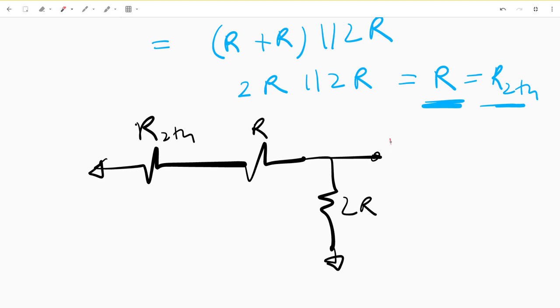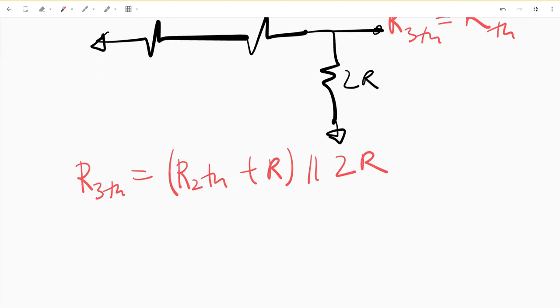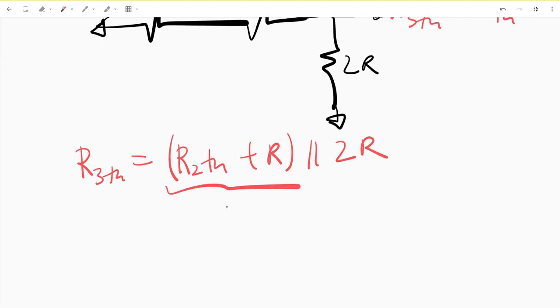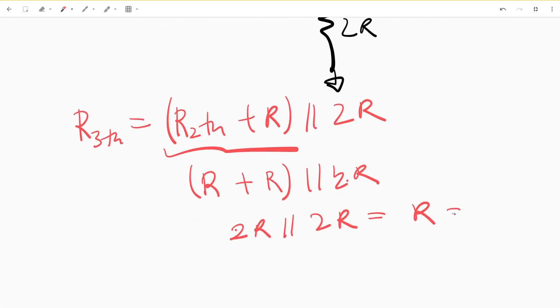So I'll do it in red. This is R3TH, which is equal to RTH. And again, if we do this, we get that R3TH is equal to R2TH plus R in parallel with 2R. This simplifies to R plus R in parallel with 2R, which is then 2R in parallel with 2R, or just R. So this R is equal to R3TH, or just RTH.